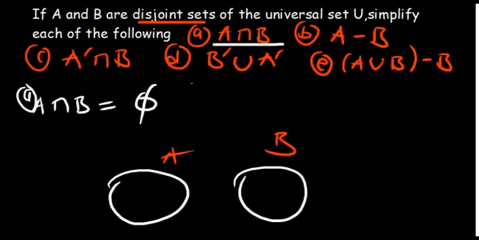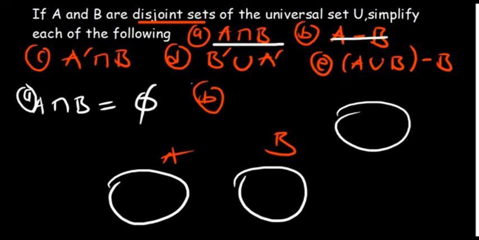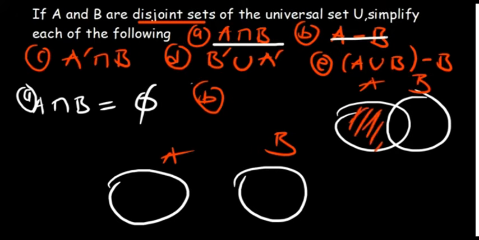Then A minus B. So we know that A minus B is A without B. Unlike in a case where you have an intersection, where you have your A and your B, and for A minus B you only shade this region and exclude the intersection, only part of A is shaded.